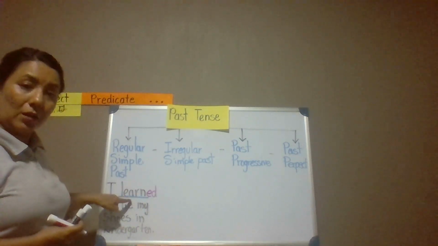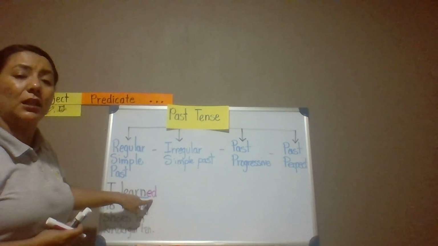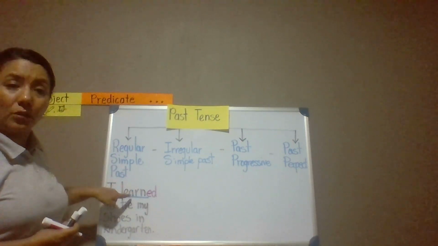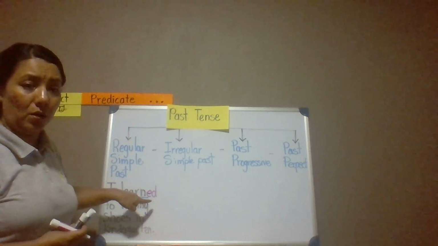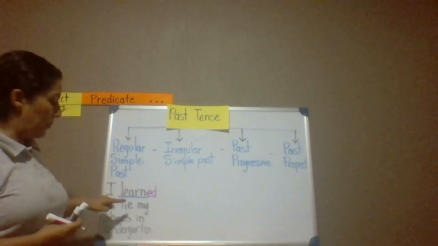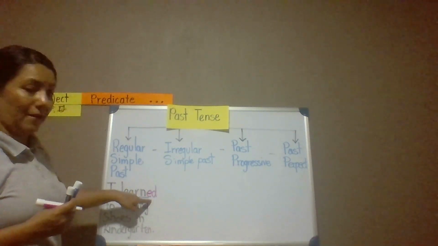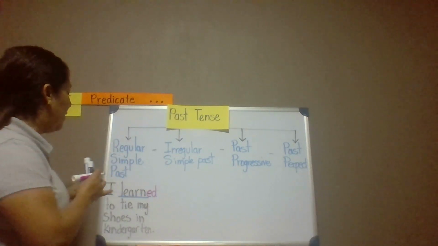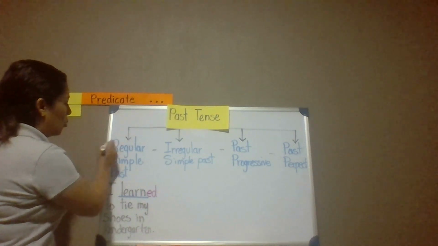For example, learn, the past tense is learned. Another example of a regular verb, color, and the past tense, colored. Another example, watch, and the past tense, watched. Okay, ed at the end. That's what makes this regular.